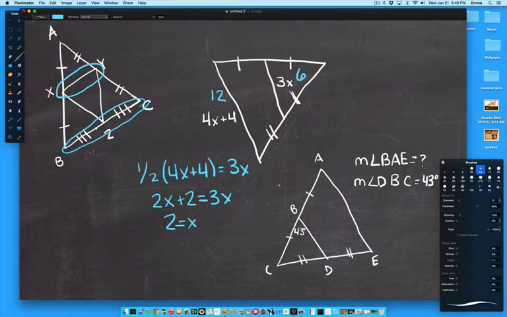Now in this problem, you are given that the measure of angle DBC is 43 degrees, and you must figure out the measure of angle BAE, or this angle right here. Now, you know that segment BD and segment AE are parallel by the triangle midsegment theorem.